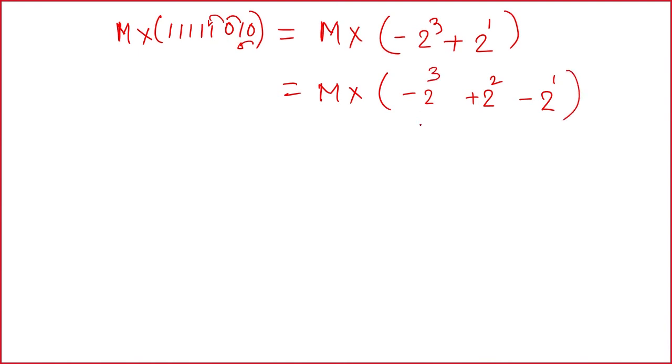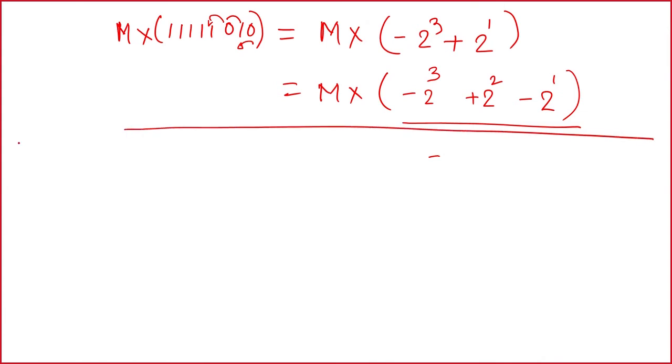So, what is this? This is 8 minus 8 plus 4 minus 2. So, that is why Booth's algorithm is working, whether it is a positive number or negative number. Now we will move to an algorithm or technique called carry save addition.